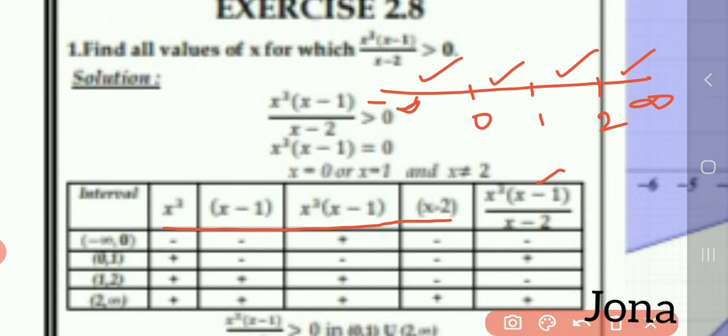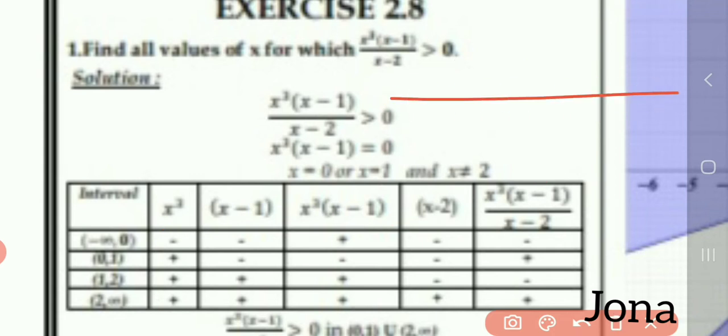Let me see the first interval, minus infinity to 0. In this interval I want to take any one of the points. Let me take minus 1. If I substitute minus 1 for x, x cubed is minus 1 into minus 1 into minus 1, that means x cubed is a minus value, so I got minus.